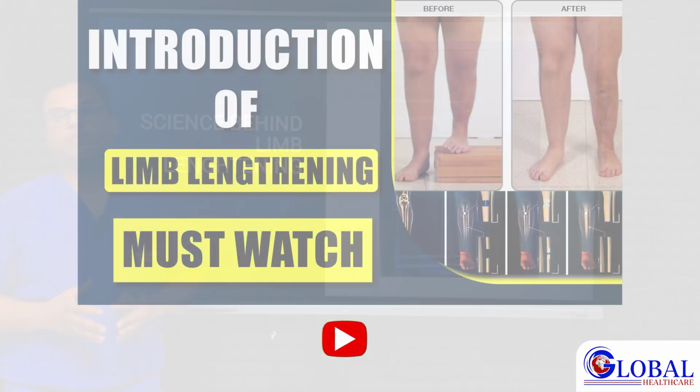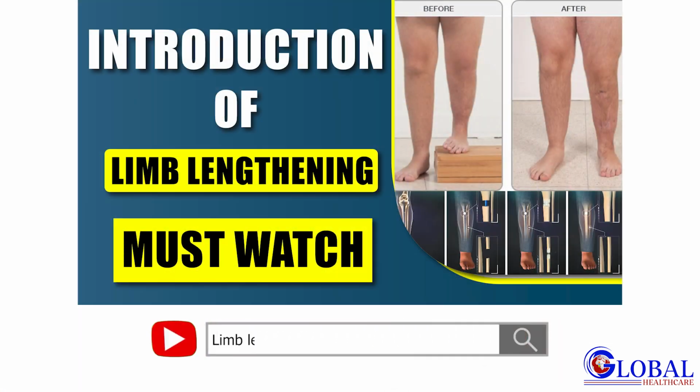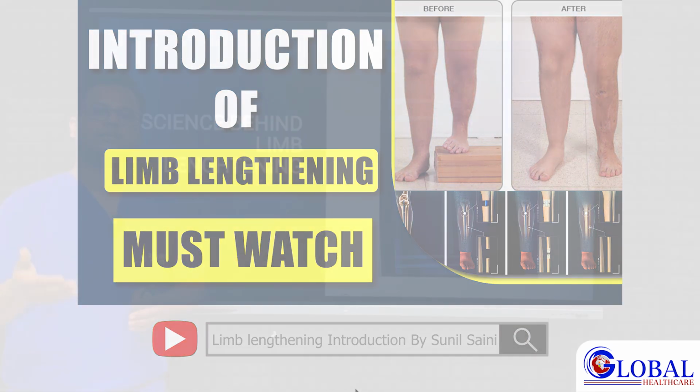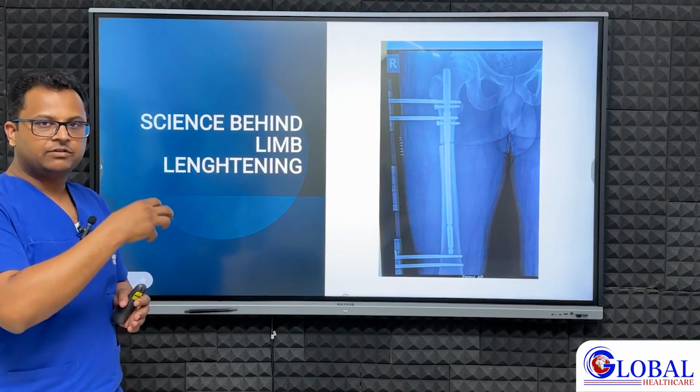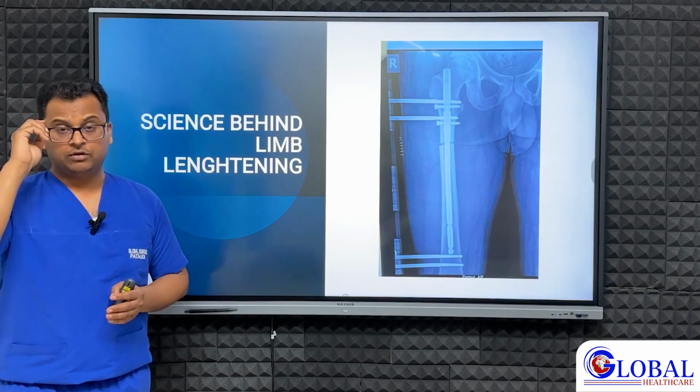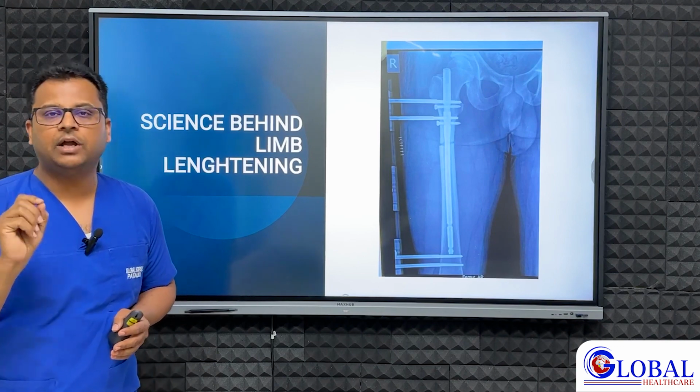In our introductory video, you have seen how limb lengthening has evolved from the World War until date, and how different nails and different methods are coming. Today's video is the second video, where we will see the science behind limb lengthening.